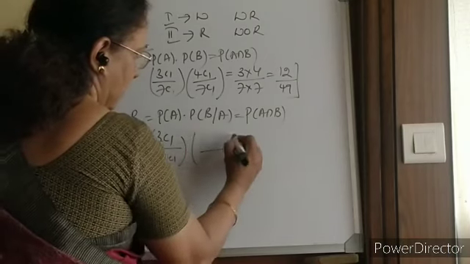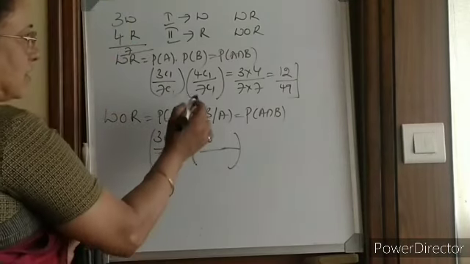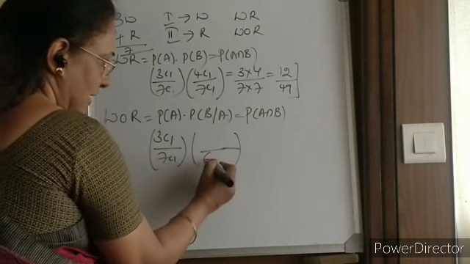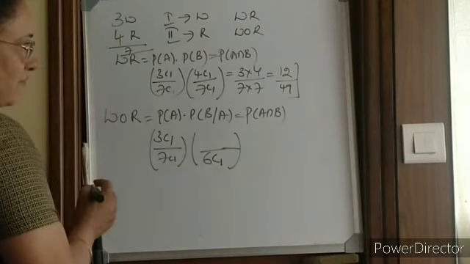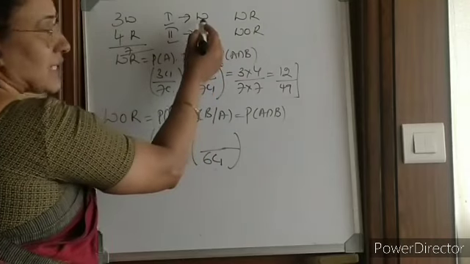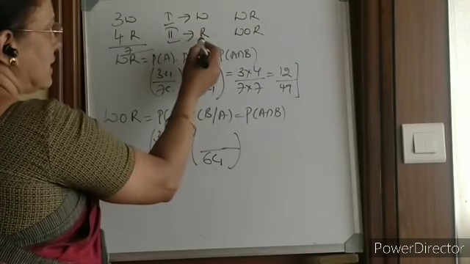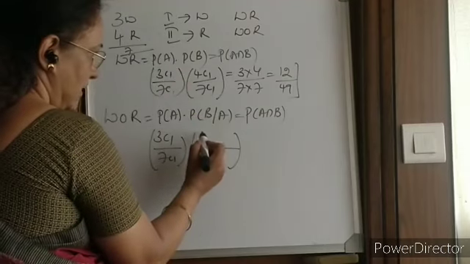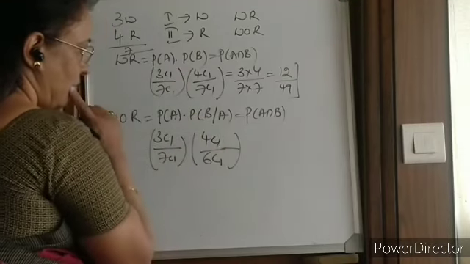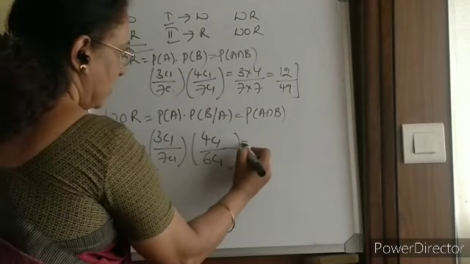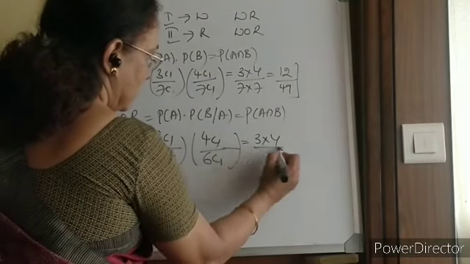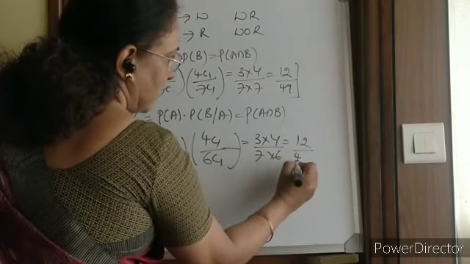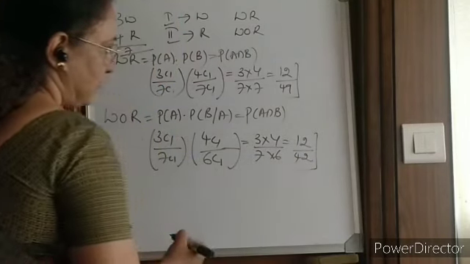Now coming to the second draw, already one white marble is outside, so this will reduce. 7 will become 6. For the second draw we want red color, so this will be the same, 4C1. Only this part will change. Therefore 3 into 4 divided by 7 into 6, so this is 12 divided by 42.